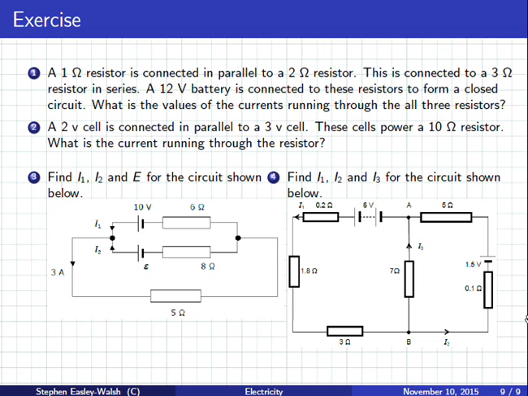Say it again, but a bit slower, Tekken. I1 plus I2 minus I3 equals 0. Okay, so can I say for B, I2 minus I1? No, you should say what Tekken said.